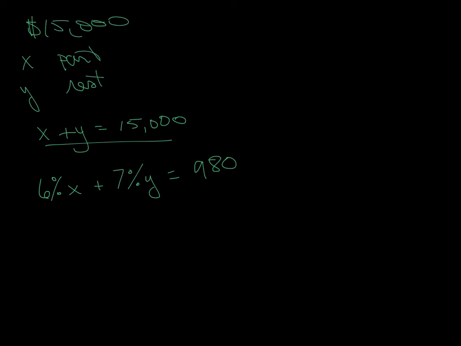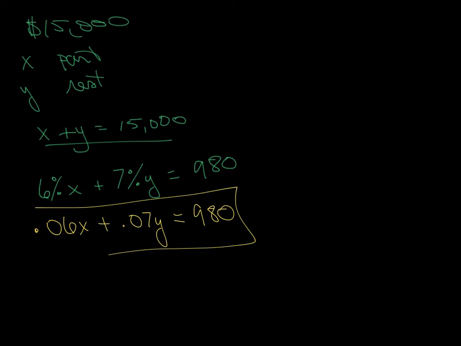So we're looking for x and y there. Okay, so when we take the amount of money he invested times the interest, and we add them up, we get the total amount of interest that he made off of that. Alright, so you can't do anything with percentages, so remember you have to change these to a decimal first before you can do anything with it. So there's one equation, and there is the other equation.